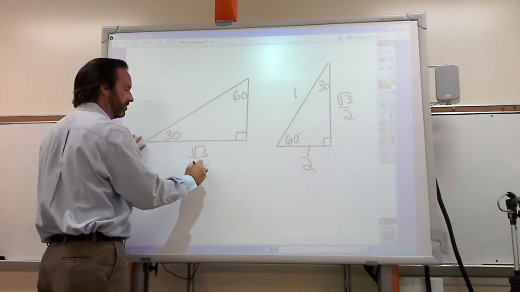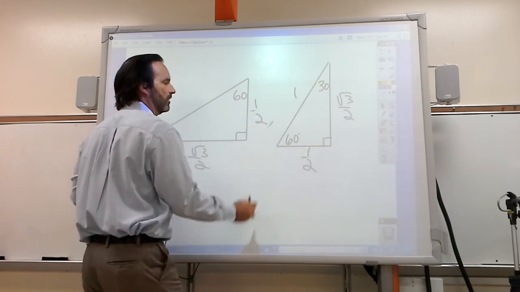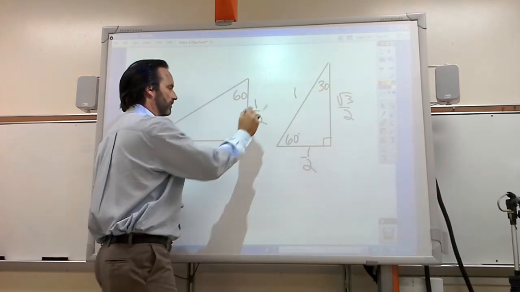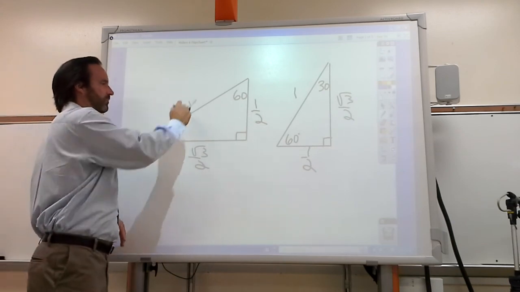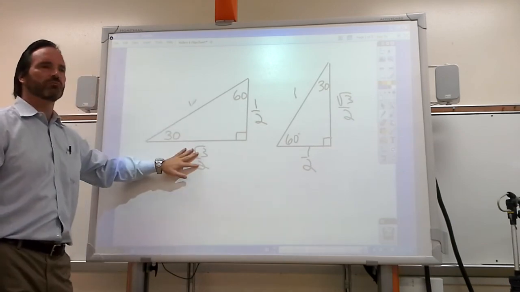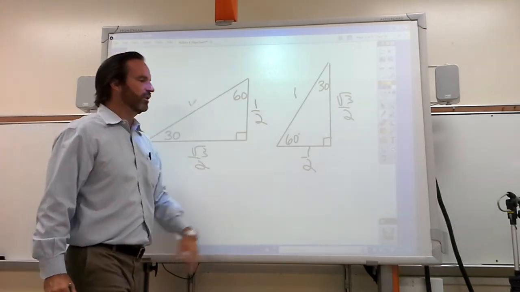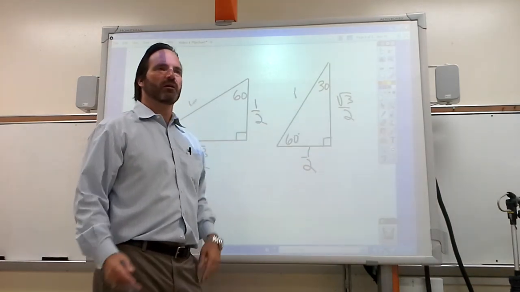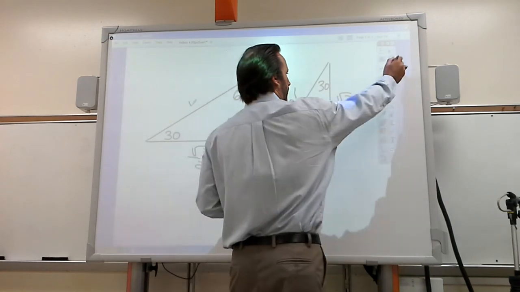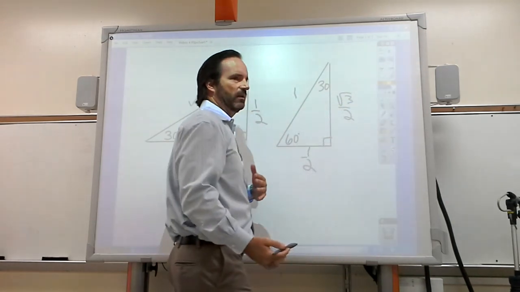Root 3 over 2 and 1/2. Okay? All right, so cosine, adjacent over hypotenuse, root 3 over 2. Sine, 1/2. Over here, cosine is 1/2. Sine is root 3 over 2. Okay? We should be working with this and be familiar with this already.